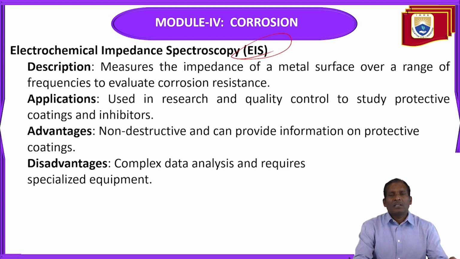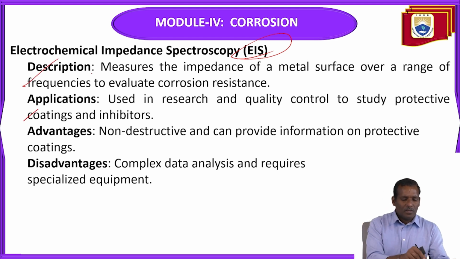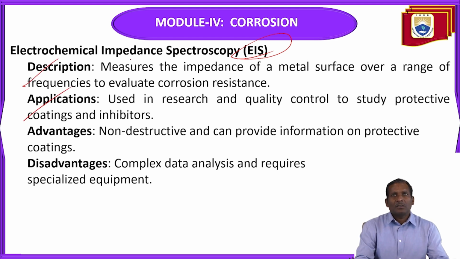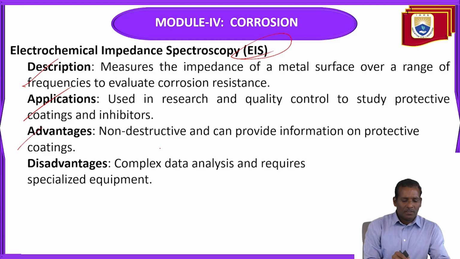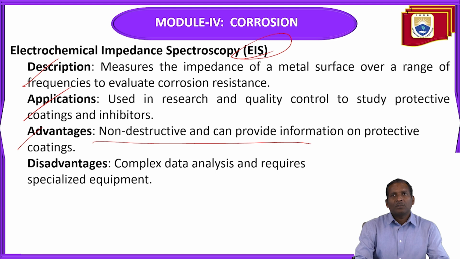It measures the impedance of a metal surface over a range of frequencies to evaluate corrosion resistance. The application is in research and quality control to study protective coatings and inhibitors. The advantage is that it is non-destructive and can provide information on protective coatings.